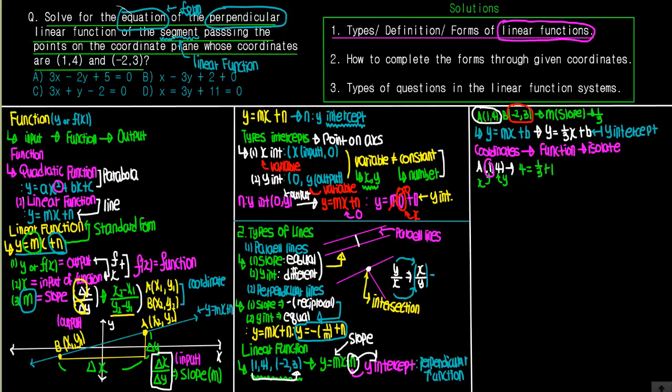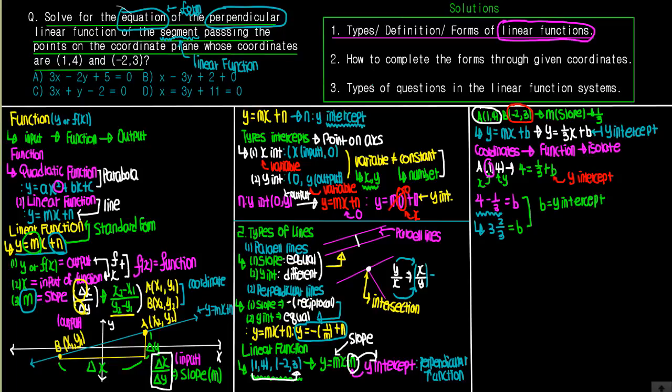In order to solve for the b value, which is the y-intercept, all you have to do is subtract 1/3 from both sides. So it will be 4 minus 1/3 is equal to b. If we complete our calculation, 4 minus 1/3 will be 3 in the denominator and 11 in the numerator, which is the b value, our y-intercept.